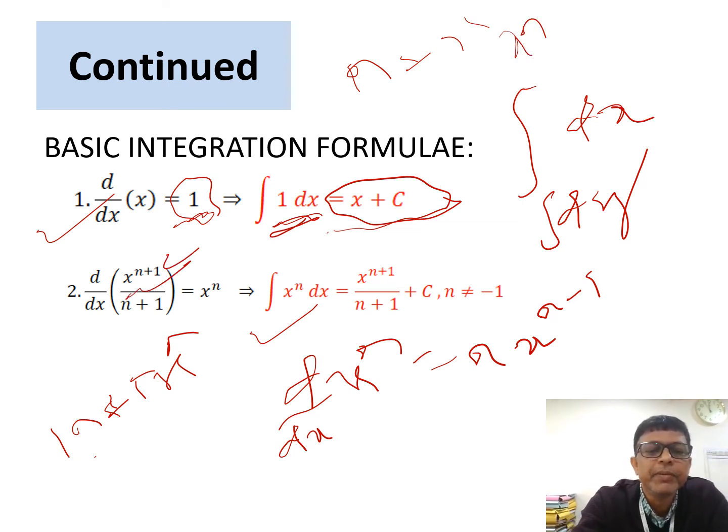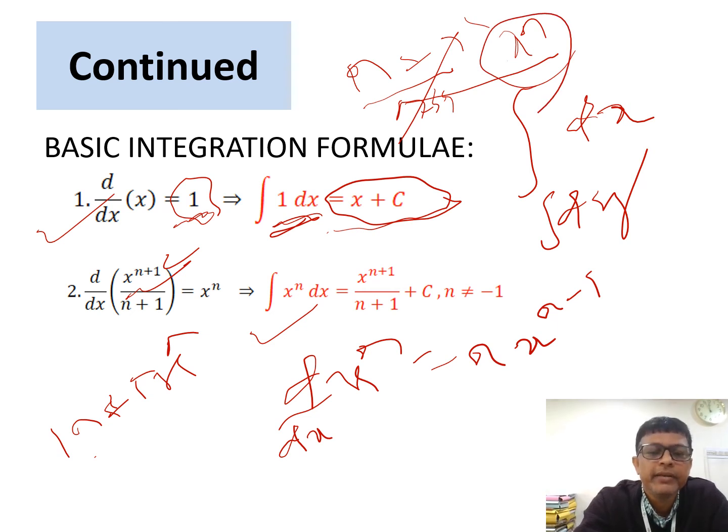If the derivative of x to the power n plus 1 is n plus 1 into x to the power n, then what is the derivative of x to the power n plus 1 by n plus 1? N plus 1 is a constant, so if you take it outside, then after taking the derivative, n plus 1 by n plus 1 cancels, and it will be x to the power n. So the derivative of x to the power n plus 1 by n plus 1 is x to the power n.